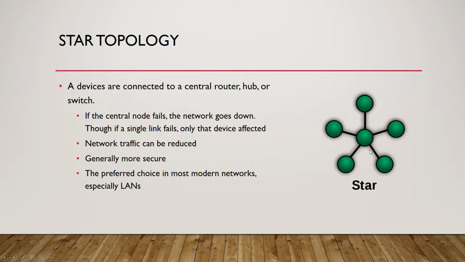Lines are the connections, and if you wanted to get fancy, you could even put a little line here and say that they need a network interface card, because each one will need a network interface card. Another downside to this is these routers, hubs and switches can be quite expensive, so this network cost is a lot greater than like the bus and the ring network.